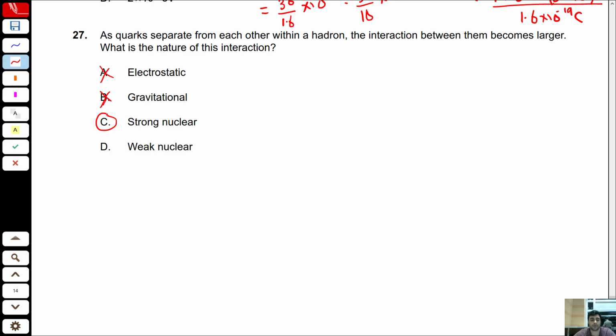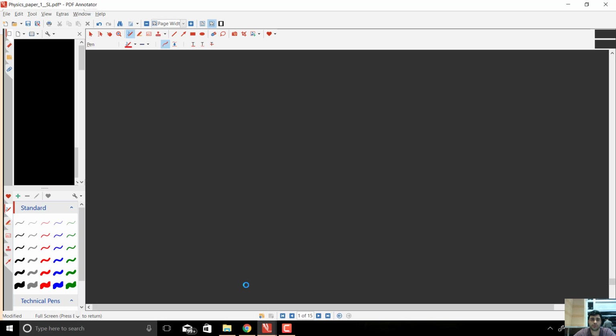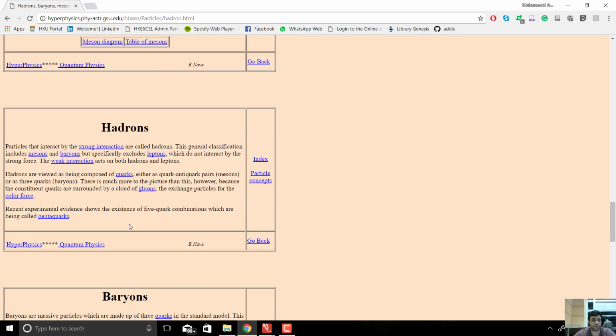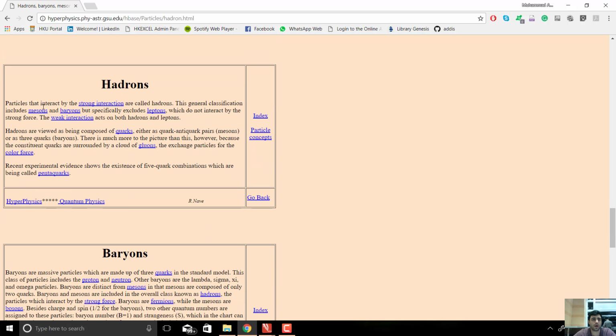So if you want to learn more about these hadrons, let's just read this paragraph. Particles that interact by the strong interaction are called hadrons. This general classification includes mesons and baryons, but specifically excludes leptons, which do not interact by the strong force. The weak interaction acts on both hadrons and leptons, but we are not dealing with leptons, we are dealing with quarks.